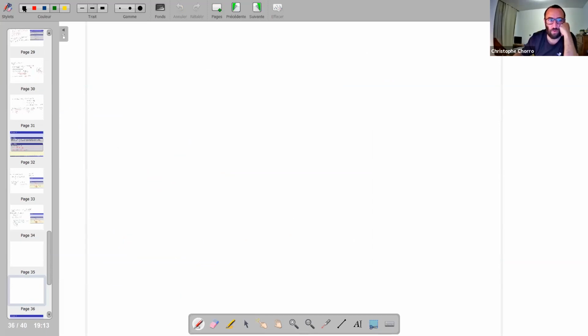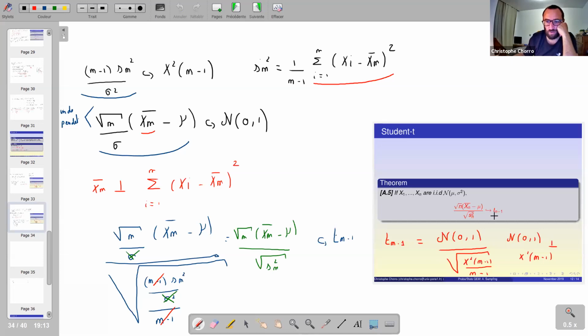And quickly, because I have already done it several times, I can build a confidence interval of level 95% in the case of the mean of a Gaussian, thanks to the student distribution, because I know that this quantity follows the student.